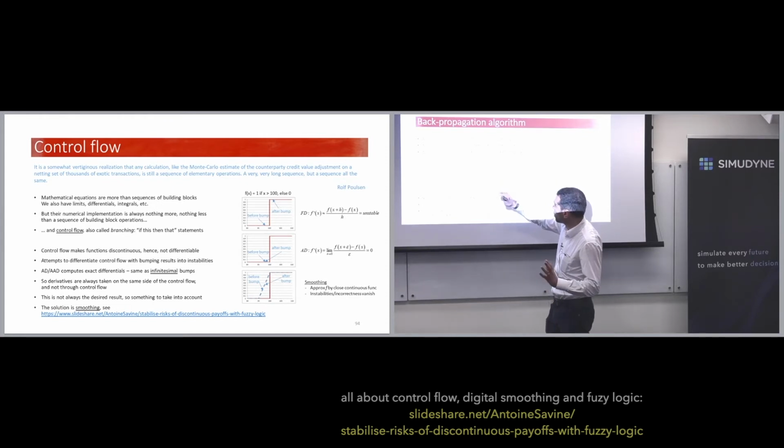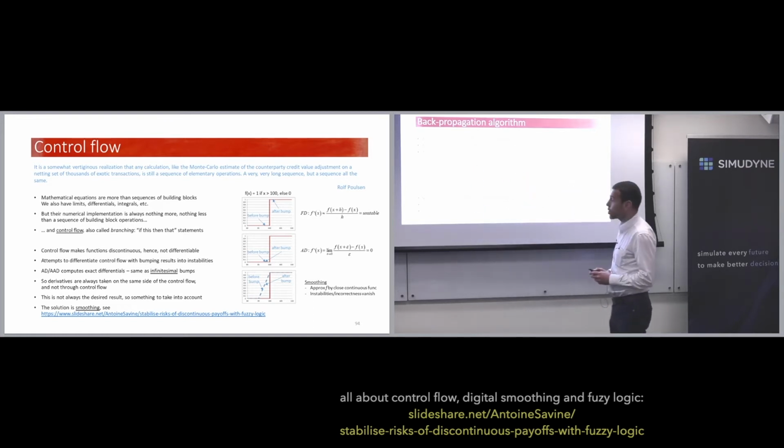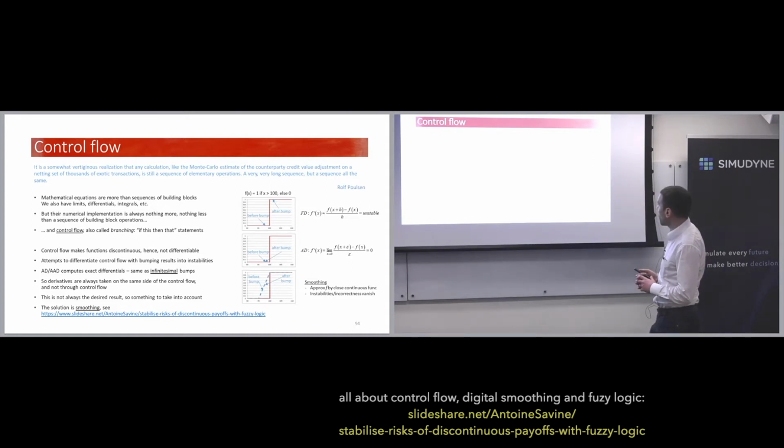So yeah, there's this somewhat vertiginous realization from Rolf that any calculation, like the Monte Carlo estimate of a counterparty credit risk value adjustment on a netting set of thousands of exotic transactions, is still a sequence of elementary operations. A very, very long sequence, but a sequence all the same.